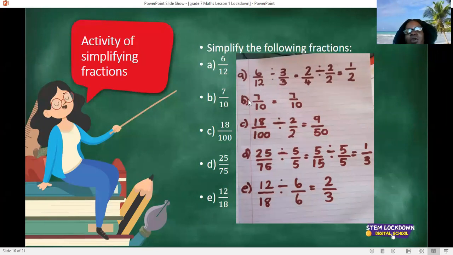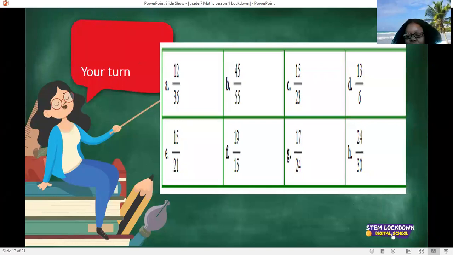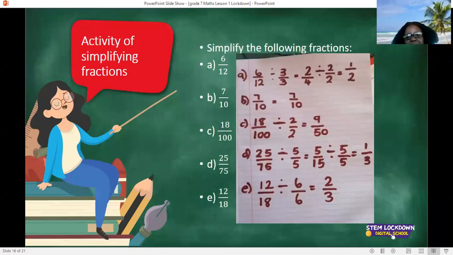And then 7/10, you can see that my answer here is equal to 7/10, because 7 is a prime number. So this means that there is no number that can divide 7 besides 1 and 7. And we know that 1 does not count when we are dividing. So 7 cannot go into 10, therefore we leave it as 7/10.